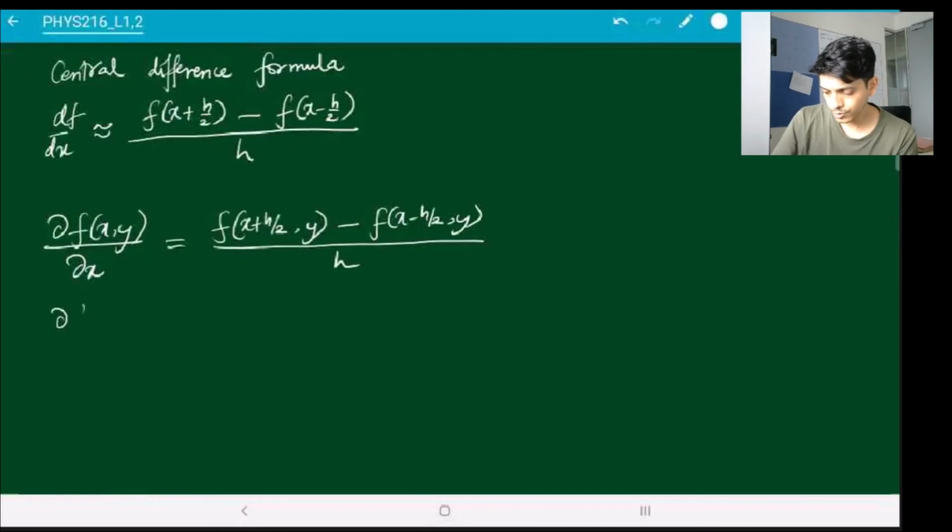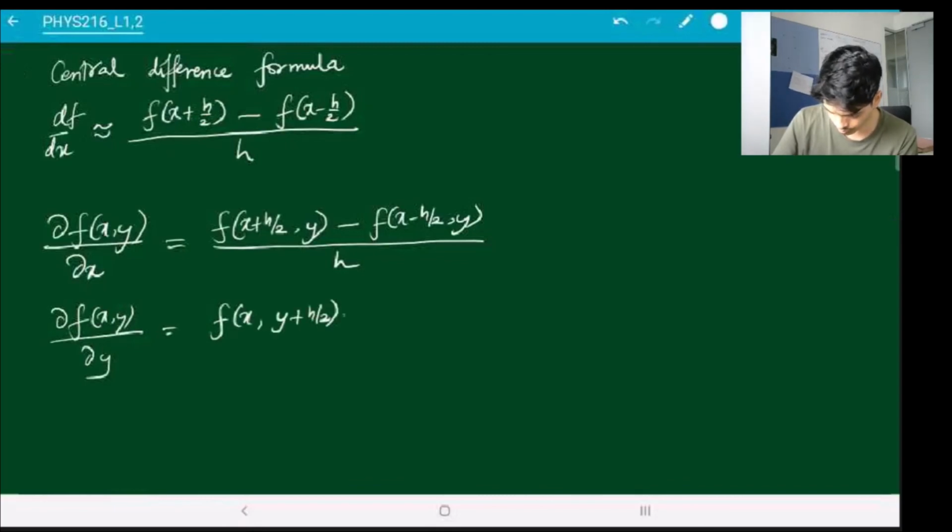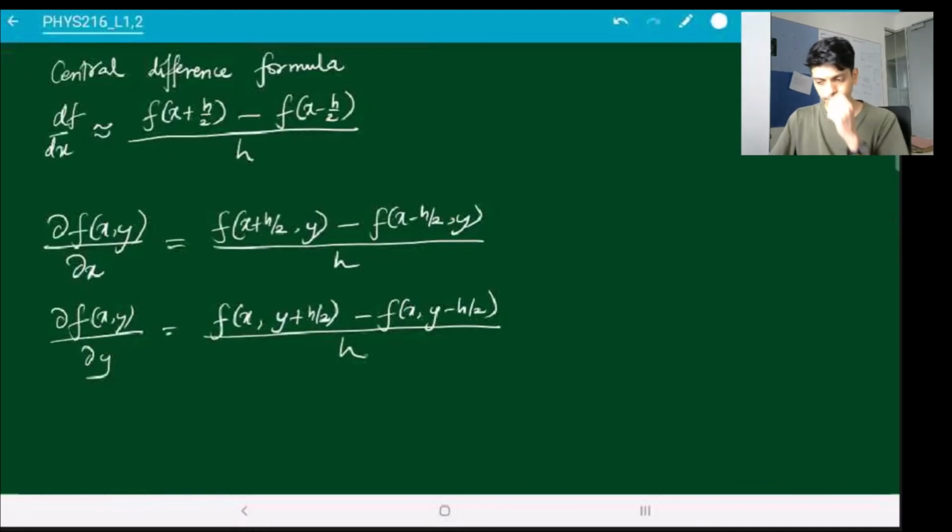Or if I wanted to take the partial derivative with respect to y, I would keep x untouched. So y would go to y plus h by 2, minus y going to y minus h by 2, divided by h. So this is how you would do partial derivatives numerically.